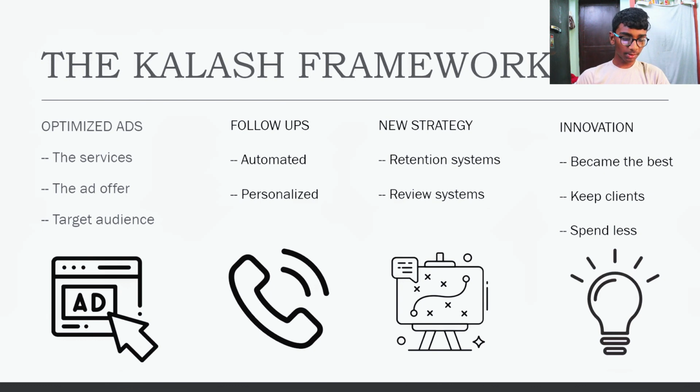Optimized ads is where we tell in the ad what type of services the business provides to the client, and the ad offer is like 50% off for 20 days, 70% off, or a 25-day free trial, like that. And we provide your target audience. Then follow up, automated and personalized.